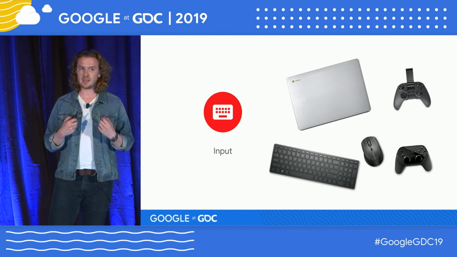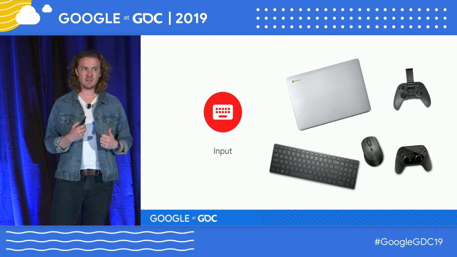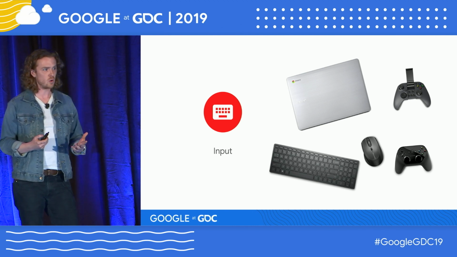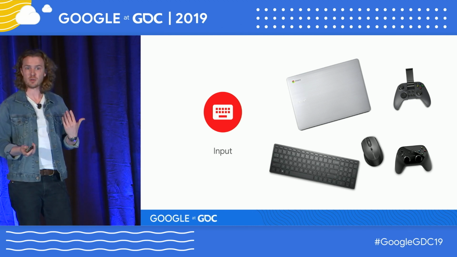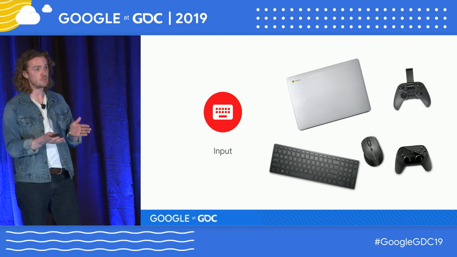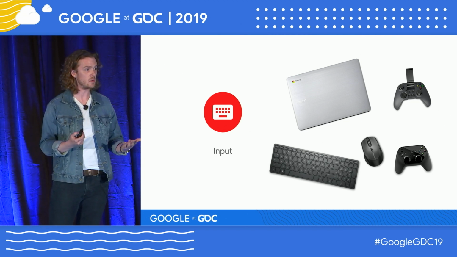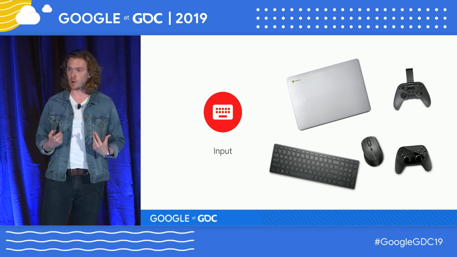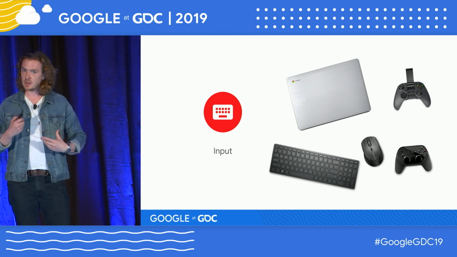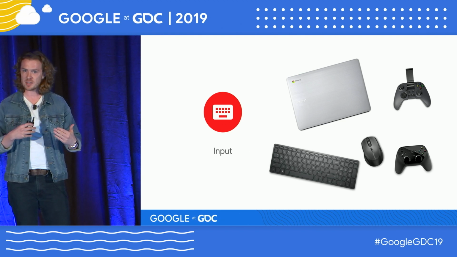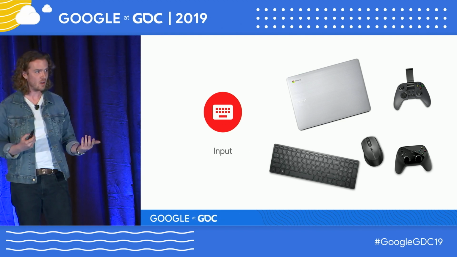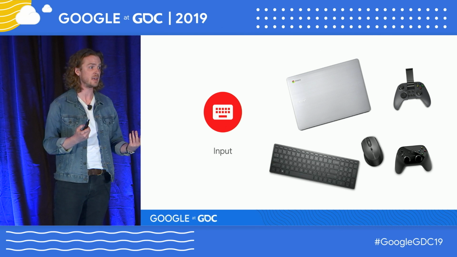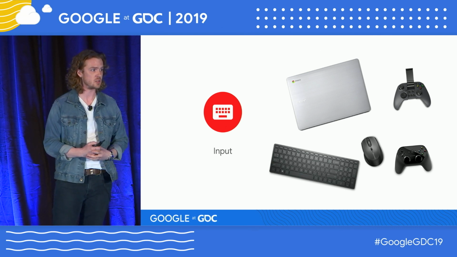The other thing to keep in mind is that many of these devices are convertibles. So they can change between different configurations on the fly, such as clamshell with keyboard to tablet mode. So it's important to detect those changes and support on-the-fly control schemes that provide the best user experience at the time, and try to anticipate what you think the users might be expecting the control scheme to be at that particular time.